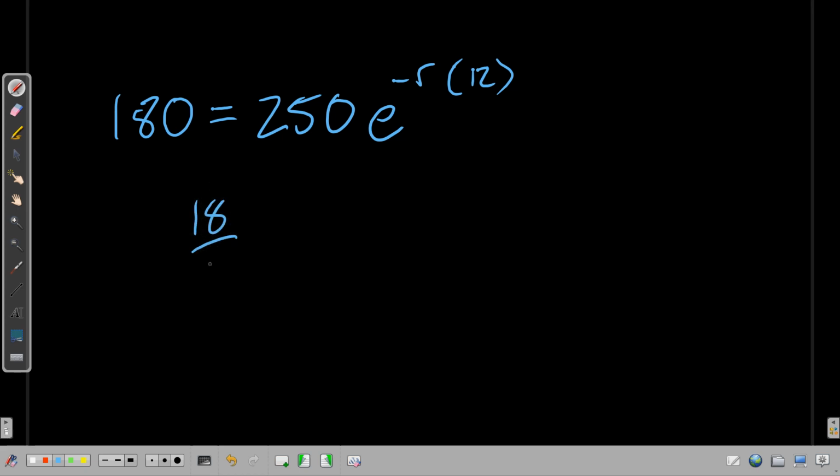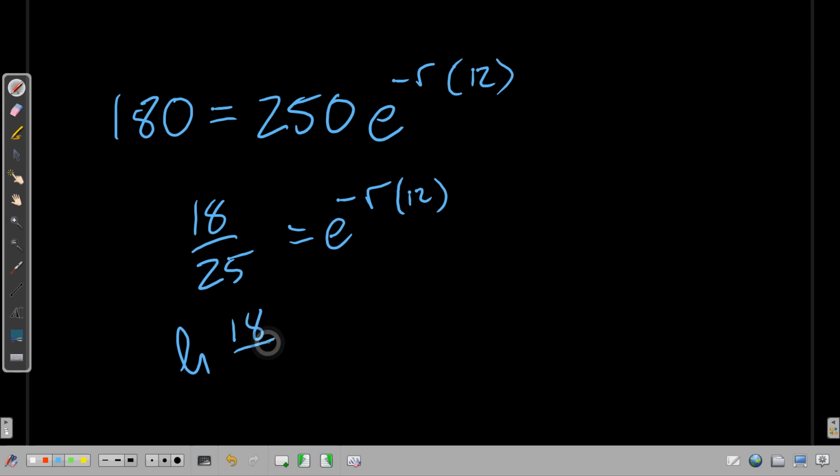So 18 over 25 is e to the minus r times 12, but you can take a natural log on both sides, and it would be equal to e to the minus 12 times r, but I would be dividing by minus 12 and just be left with r.